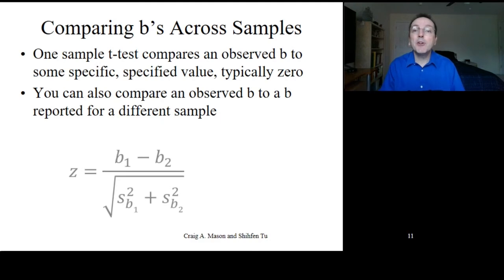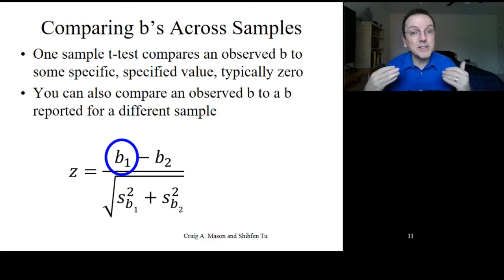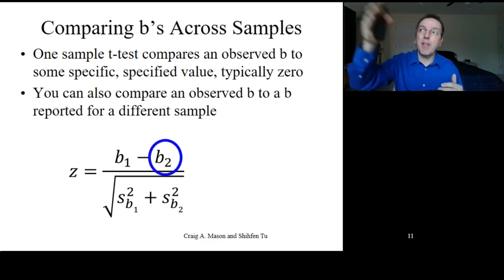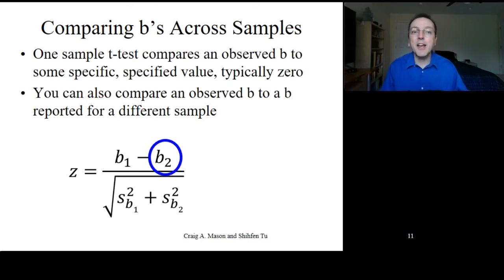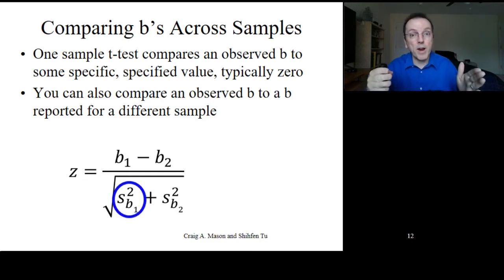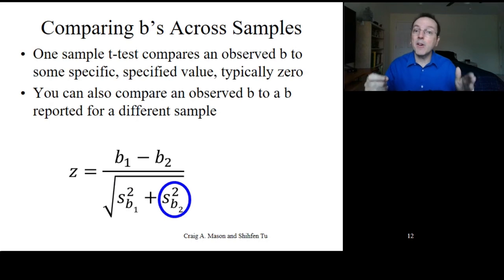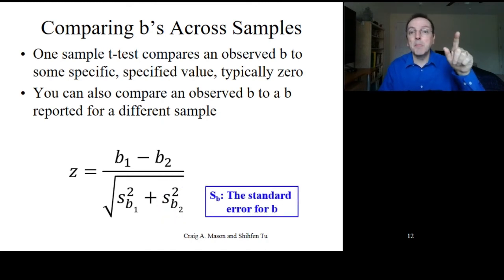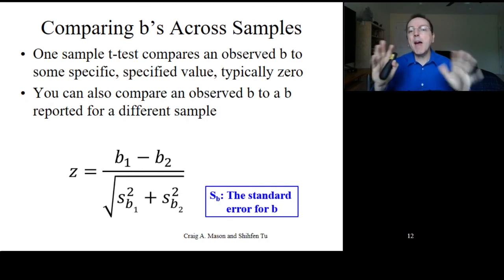The formula for doing this is Z equals B1, that's our regression coefficient, minus B2, that's the regression coefficient for the other study, divided by the square root of the standard error of B1 squared plus the standard error of B2 squared.